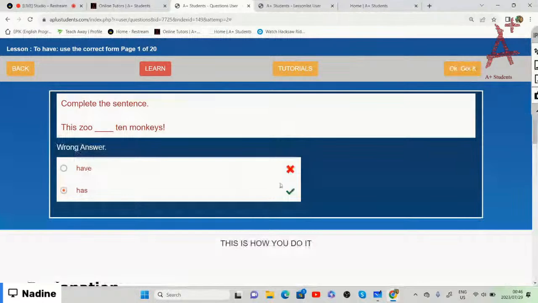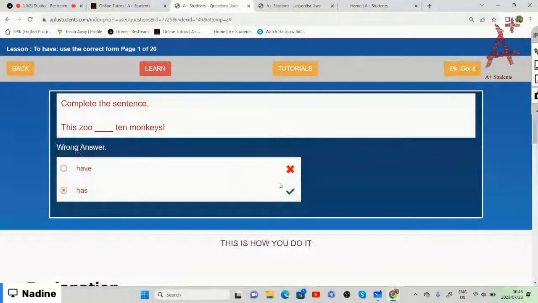So what happens if I choose an incorrect answer? Don't worry, nothing to panic about. That happens, and the reason it happens is merely because the questions are quite tricky.